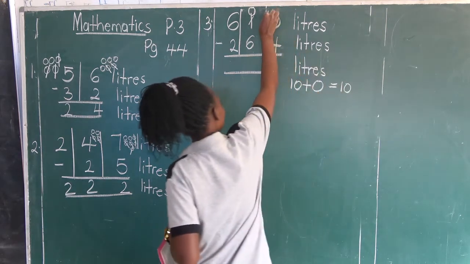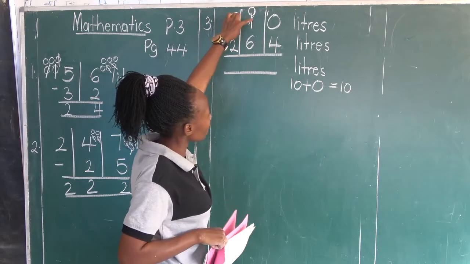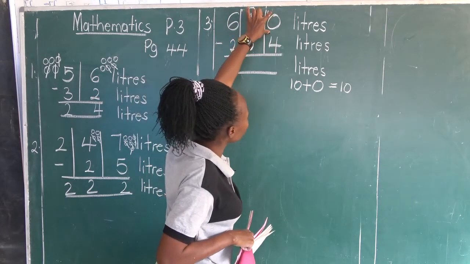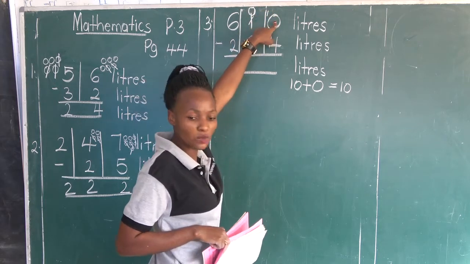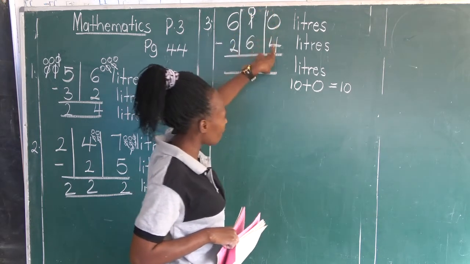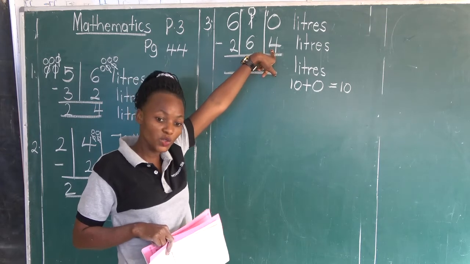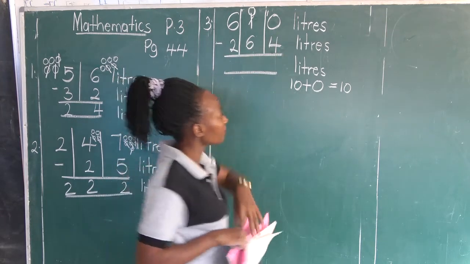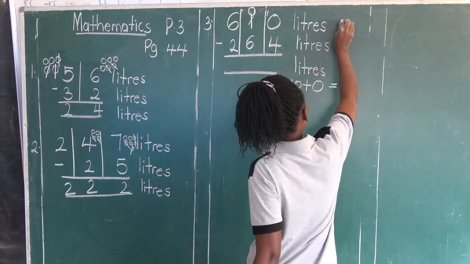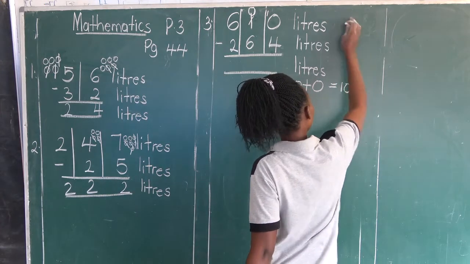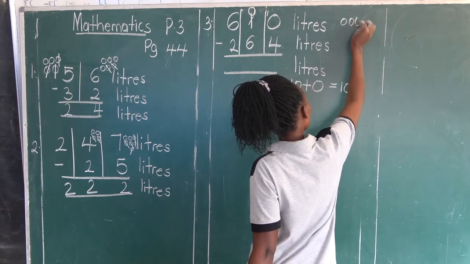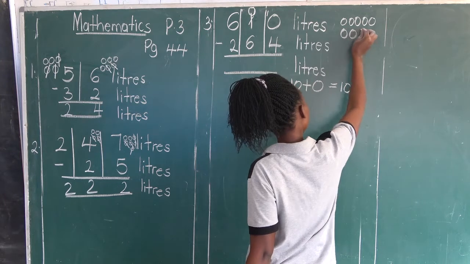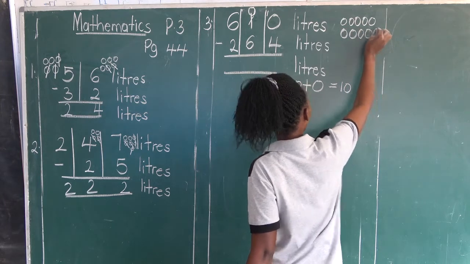Now this one, when you get that 1 with the one which you got from here, we say that is having 10. Now 10 take away 4, what do we get? Let's draw the balls aside. 10 balls: 1, 2, 3, 4, 5, 6, 7, 8, 9, 10.